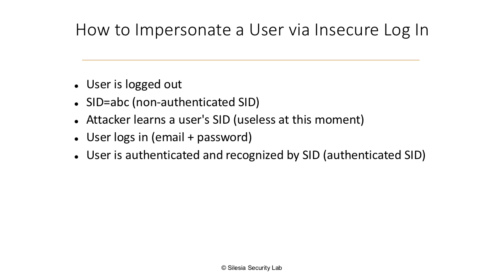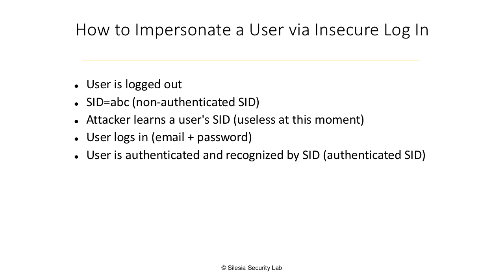And this is an authenticated session ID at this time, right? So the user has been authenticated after providing email and password. And now the only piece of data that is used by the web application to recognize the user is the session ID. This is how a web application works. Now we are talking about an authenticated session ID because the user is authenticated.